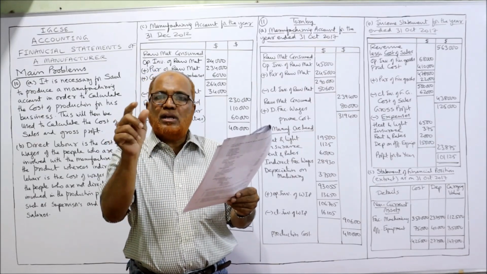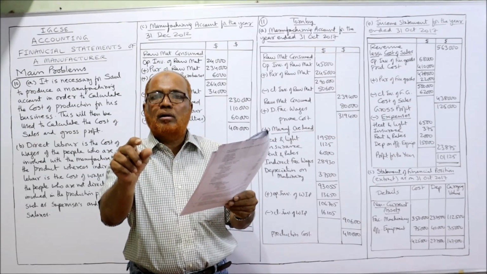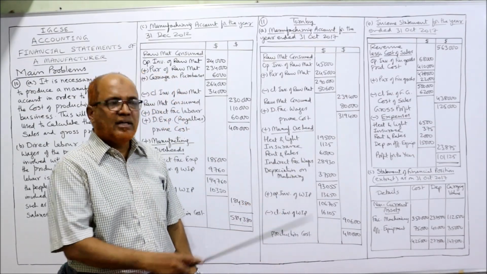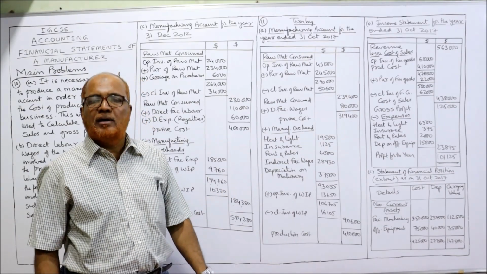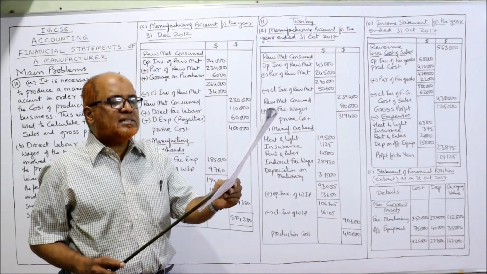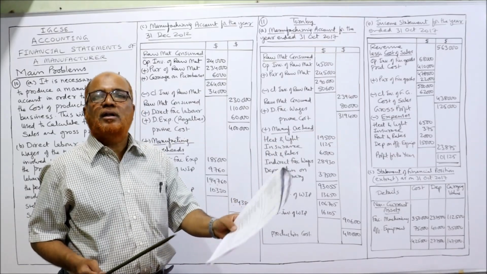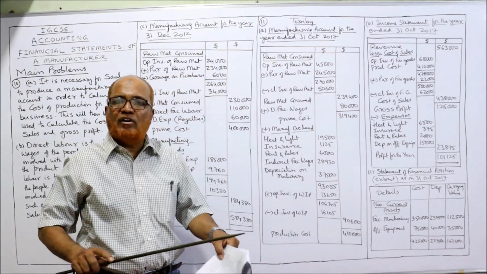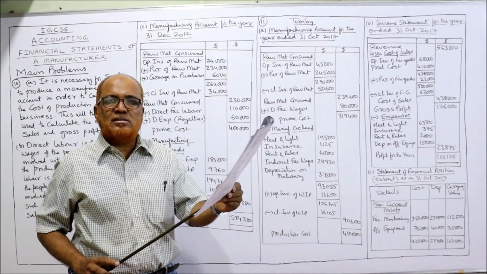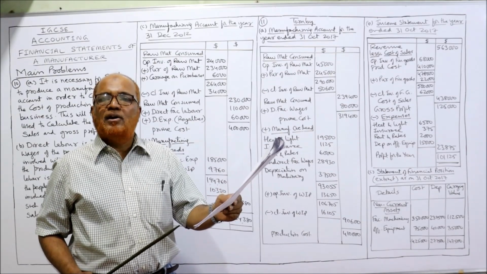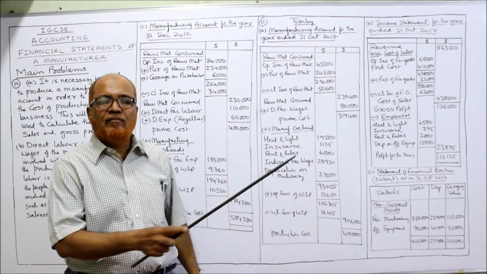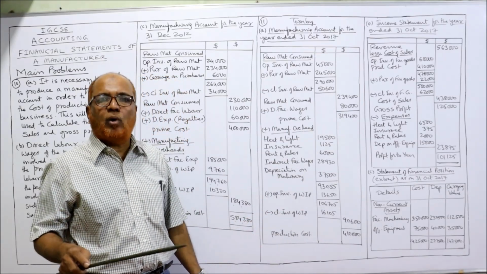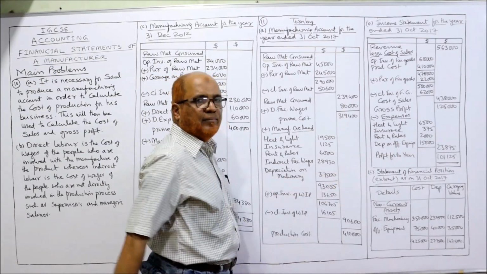So 26,000 into 3/4, you calculate, you will get 19,500. It will go to manufacturing overhead. Whereas remaining heat and light 26,000 into 1/4 will go to income statement, 6,500. So we have bifurcated. Similarly, insurance. Insurance is 1500. 1500 3/4 will be taken here, 1125. 1500 into 1/4 will go to income statement, 375.